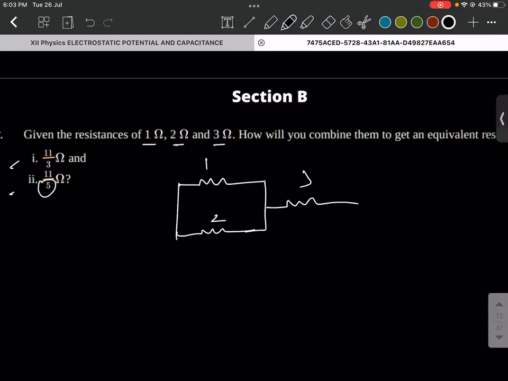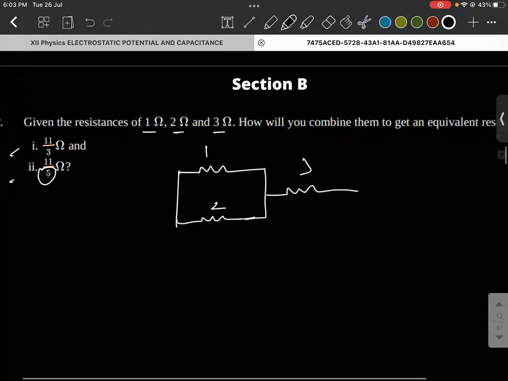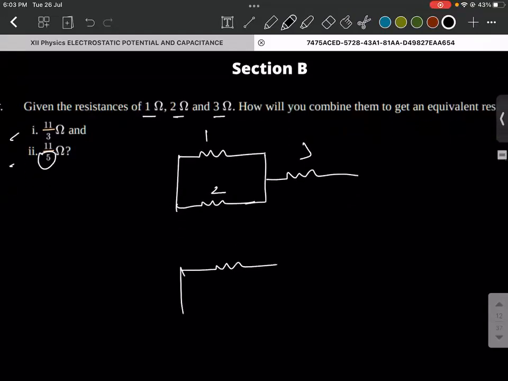Similarly, if I need 5 in the denominator, 2 and 3, and 3 and 2 both are the same. 2 and 3 should be connected in parallel, and that in series with 1. So this you will get. Those who are online, you understood? Yes, sir. Good.